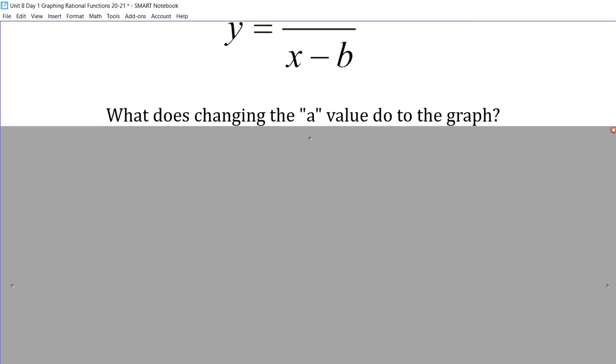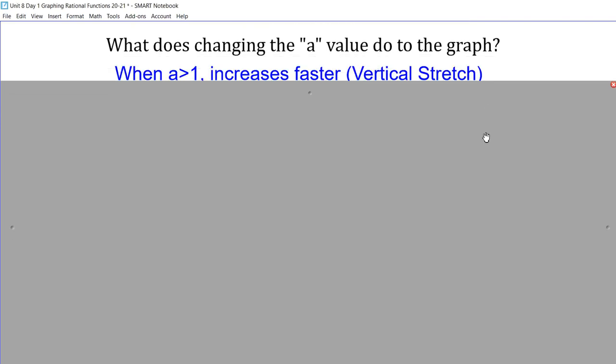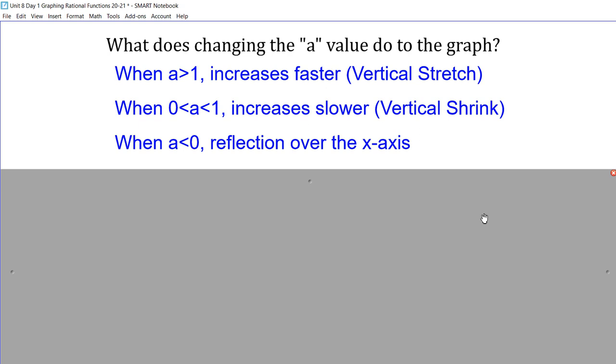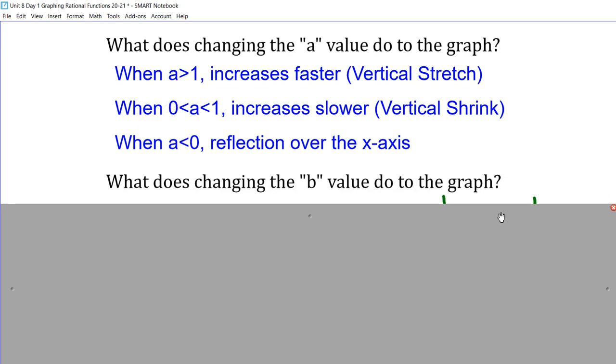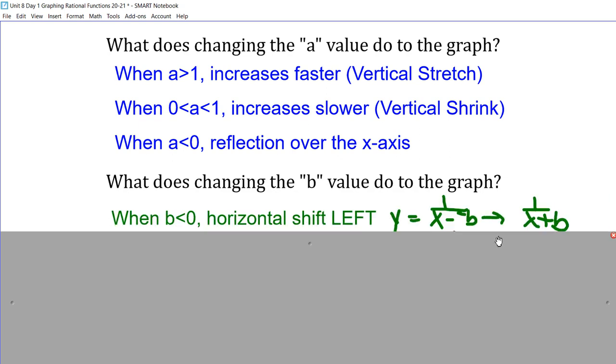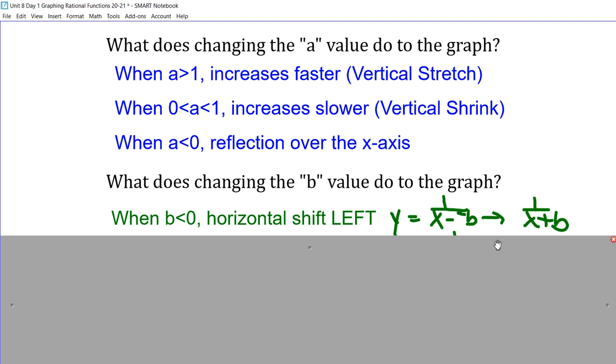So some things that we noticed, again, changing the a value for the graph, couple things. When a is greater than 1, it increases by a factor, that would be a stretch. If it was between 0 and 1, it would be slower, a vertical shrink. And if it was negative, we'd know that would reflect it over the x-axis. Again, with the b values, when b was less than 0, the negative number, it's really going to the left.